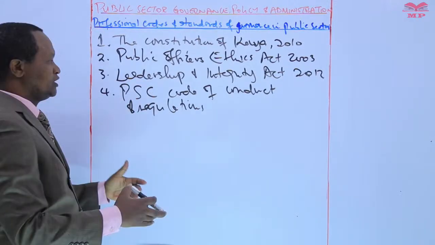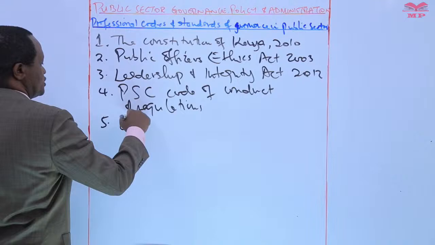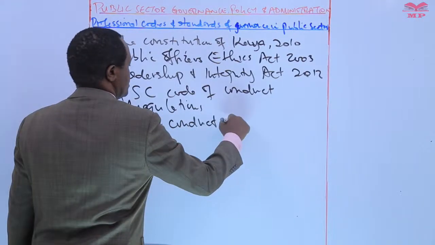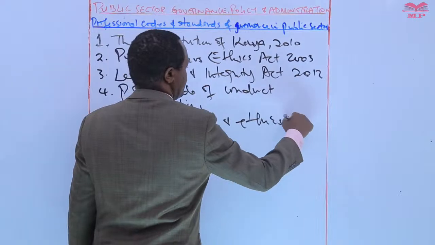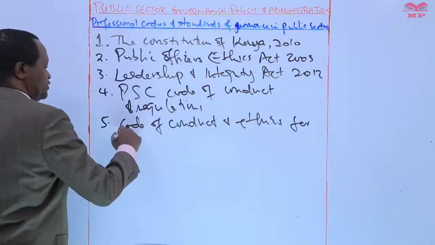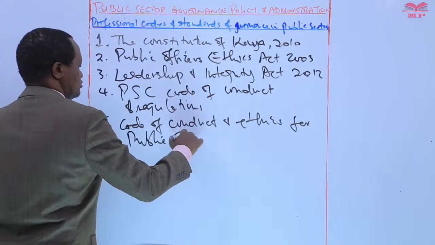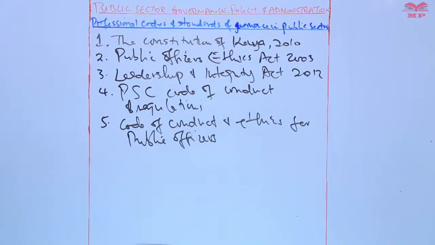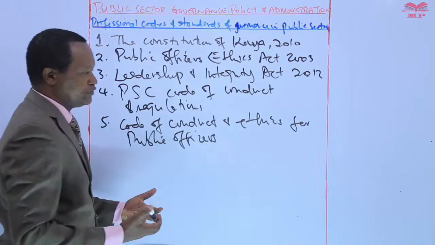Then lastly, the Code of Conduct and Ethics for Public Officers is a code that is developed by the Ethics and Anti-Corruption Commission, which provides detailed guidelines on ethical conduct for public officers.